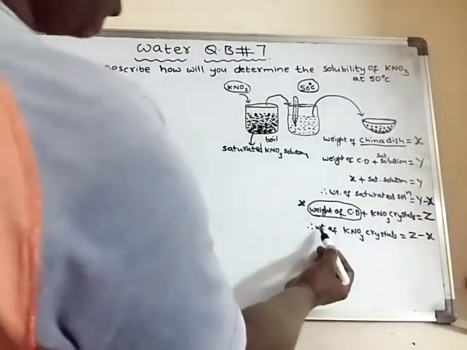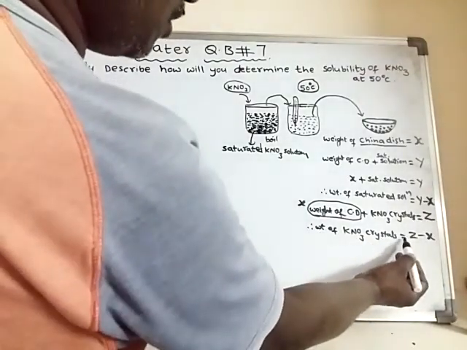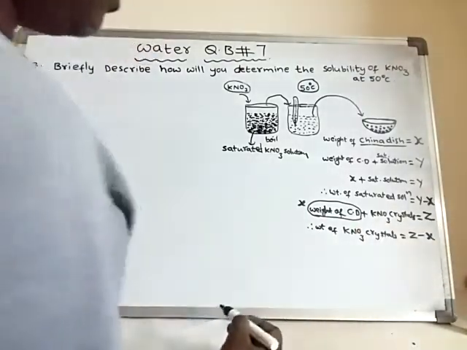So now the weight of potassium nitrate crystals is equal to Z minus X.